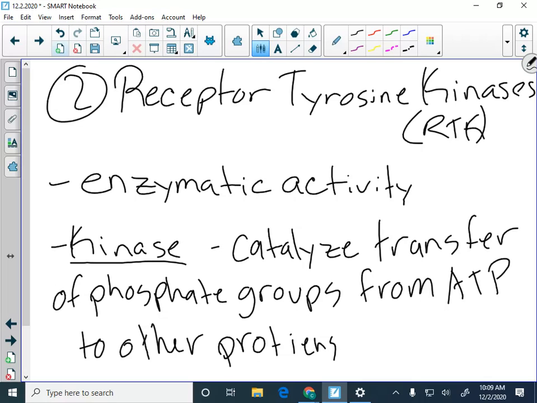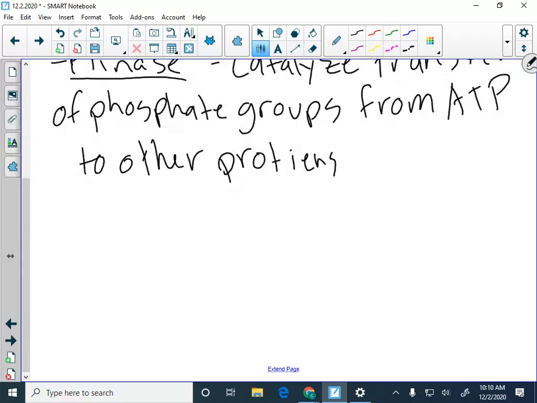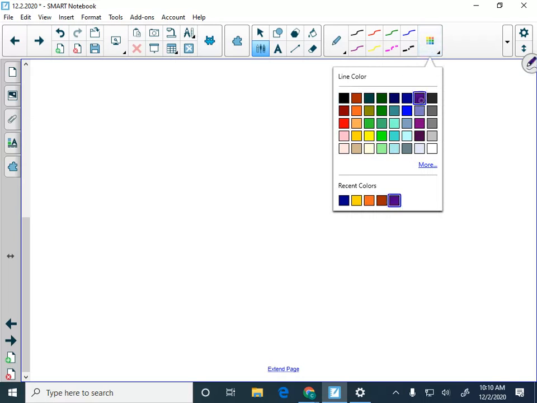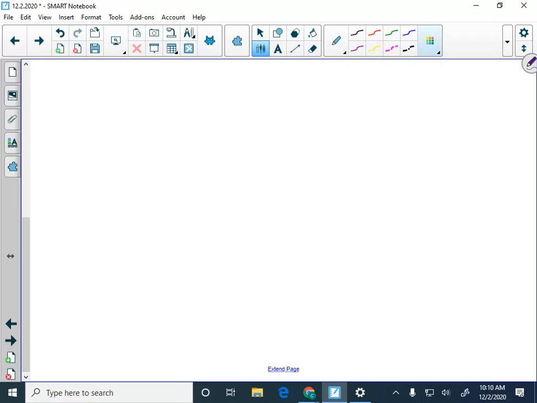So this one I don't have words for. We're just going to draw it because it's relatively self-explanatory, not as complicated as our G protein was. So we are going to have two different inactive RTK monomers.